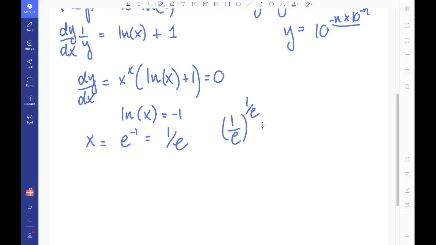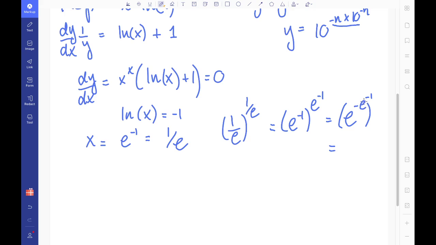Not really sure if there's a better way of writing this. I guess we could call it e to the negative 1 to the power of e to the negative 1. Then you can multiply these, I suppose, and just say that that's equal to e to the negative e to the negative 1. And again, I think you can multiply again and just say that this is, can you do that?